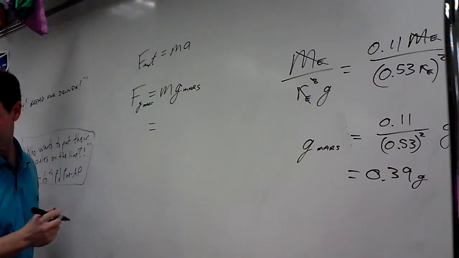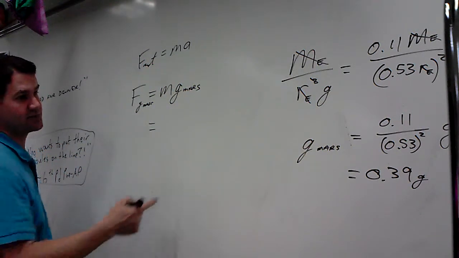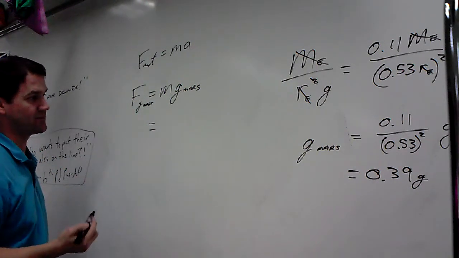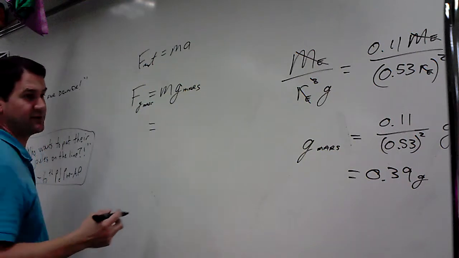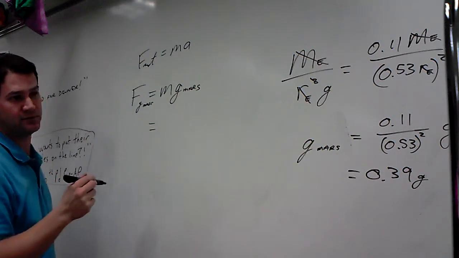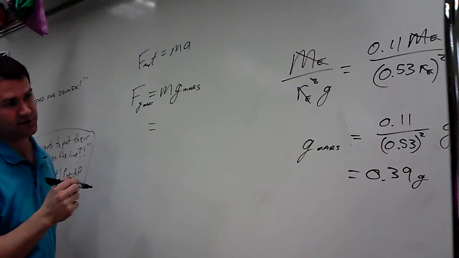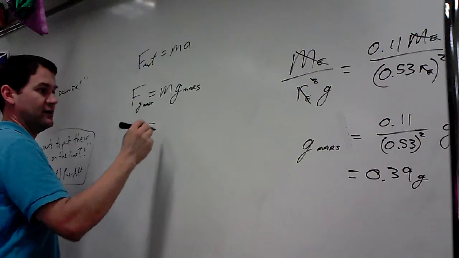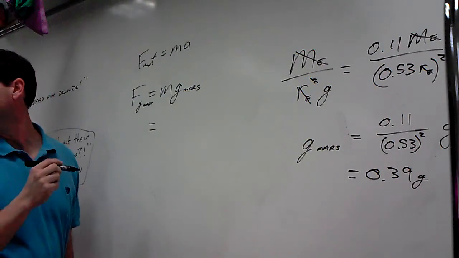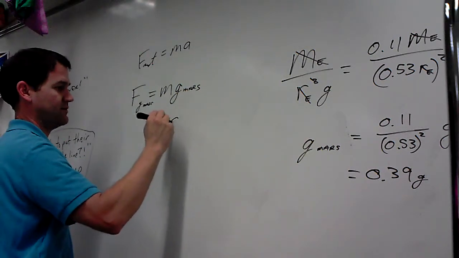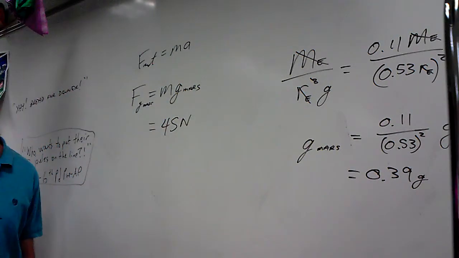I know the mass is given as 11.5 kilograms times 0.39 g's, which is 3.9. So what's 11.5 times 3.9? 11.5 times 0.39, well, times 10, so 3.9. Oh, yeah, okay. 45 newtons is the weight on Mars.